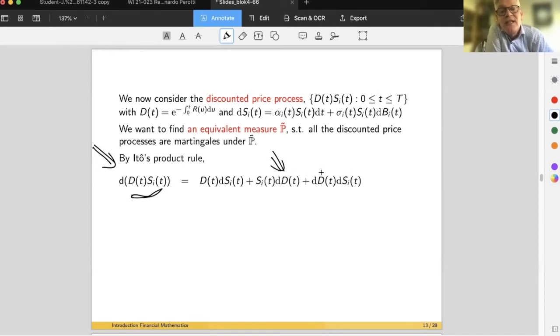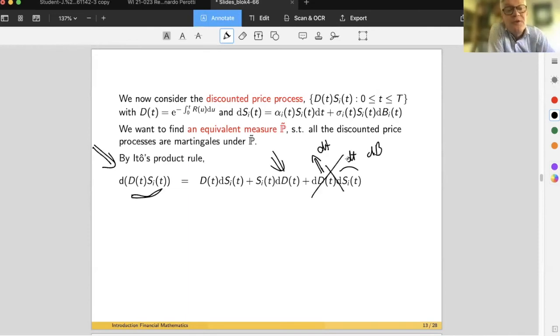Well, the change in the discount, if you remember, goes with dt. So everything that comes from here, the dt term or the dW term or the dB term, will give us terms of higher order, dt squared, which is equal to 0, and multiplied these two gives us the cross variation, which is equal to 0. So this term will cancel out.